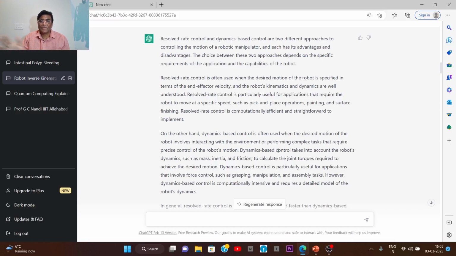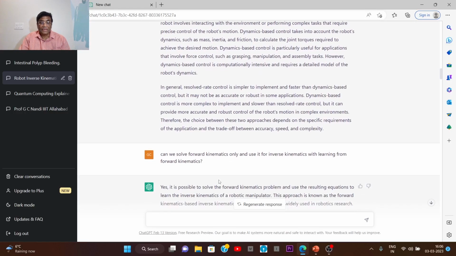Maybe it is collecting them from somewhere and giving them to you, but the way it is assembling them requires intelligence. Resolved rate control and dynamics-based control are two different approaches for controlling the motion of a robot manipulator. And after reading this, things will be very clear, right?